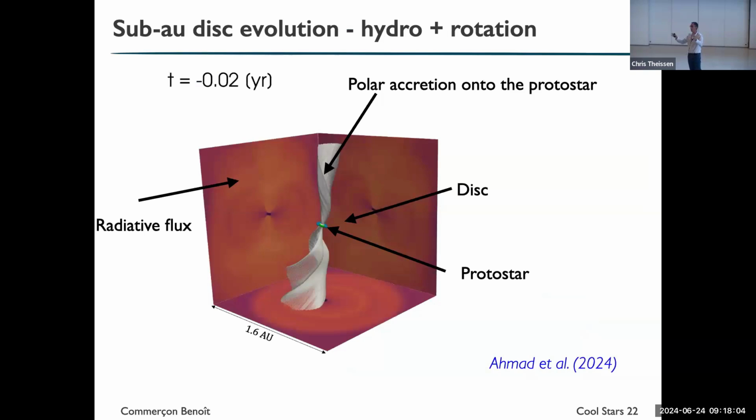In one case, if the first core has a short lifetime, then you form only the second core disk, and then this expands. But if the first core has a longer lifetime, then the two disks can form independently, and they eventually merge at the end of the simulation. But I cannot tell you how the interaction is done yet, so we also need a higher resolution at that scale to see. But clearly, we need to go through this in the coming years.